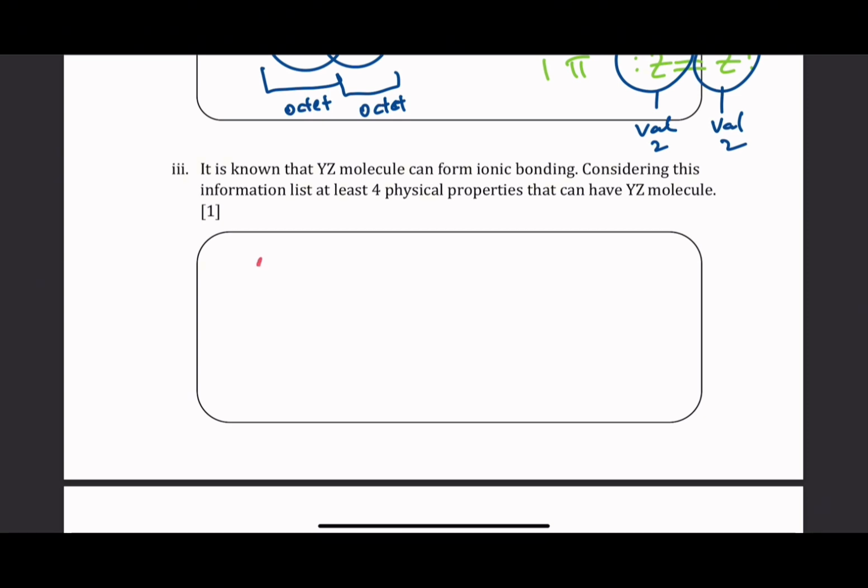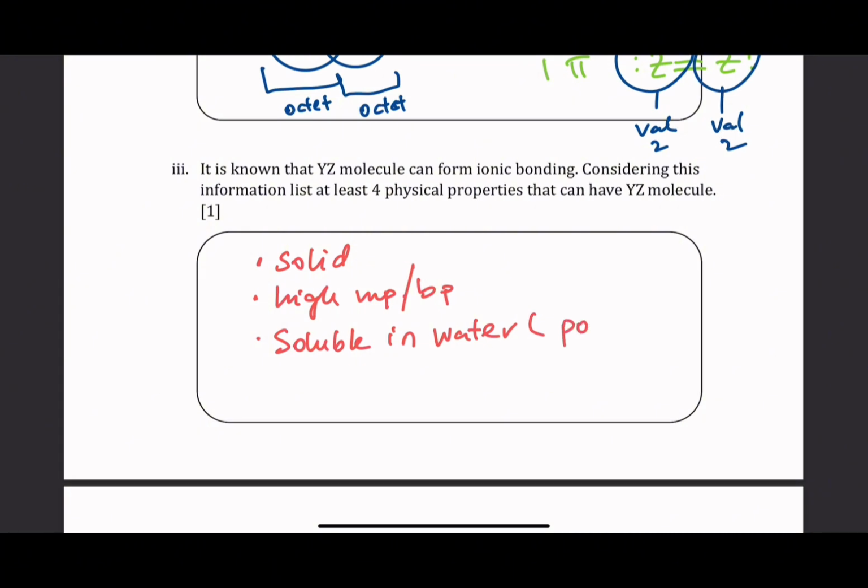Now, one of them is they are always solid. They have high melting point and boiling point. And then you can say that they are soluble in water or polar solvents. So water has a polar covalent bond, right? So it is soluble in other polar solvents as well.